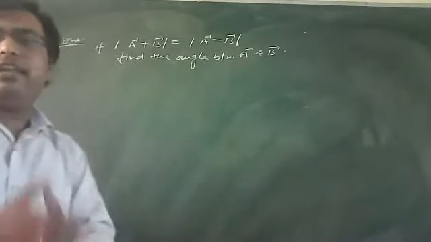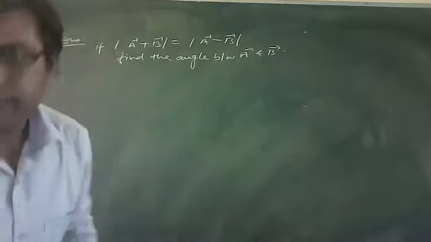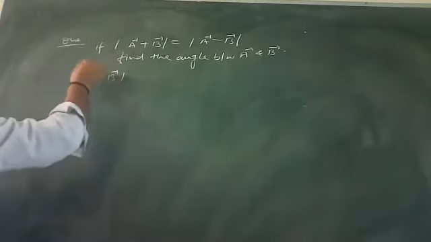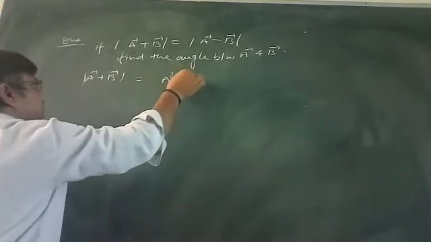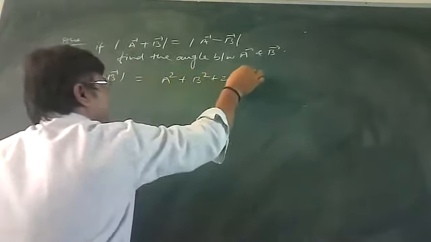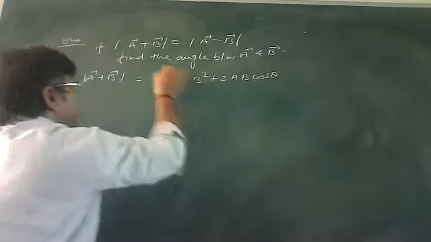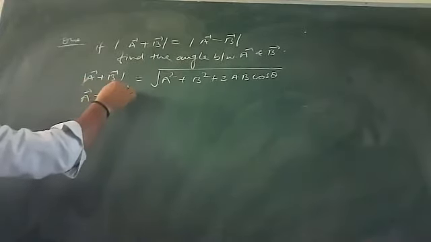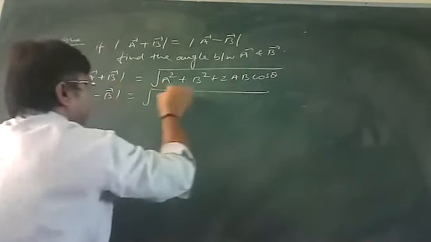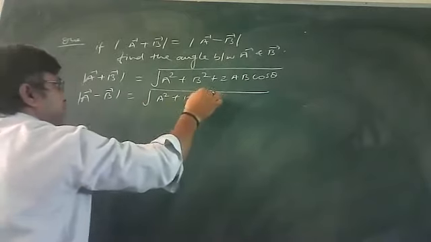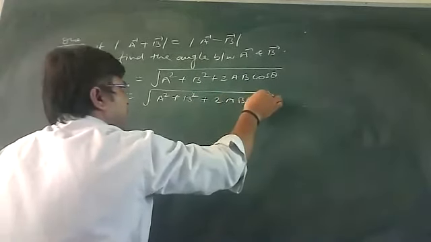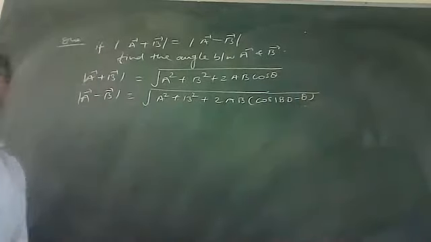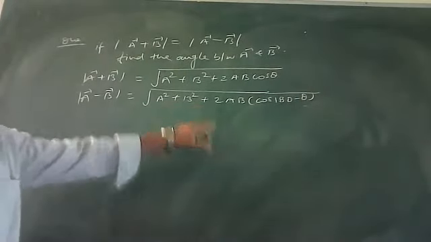Justify it. How will you get 90 here? For modulus of a plus b, that is equal to square root of a square plus b square plus 2ab cos theta. And modulus of a vector minus b vector, you can write it as square root of a square plus b square plus 2ab, cos 180 minus theta, because it is subtraction of vector.